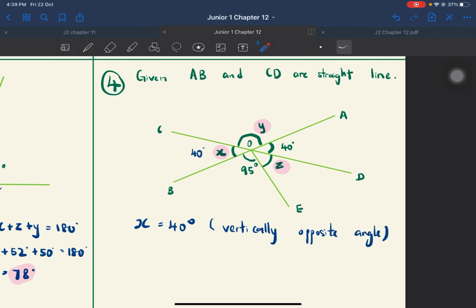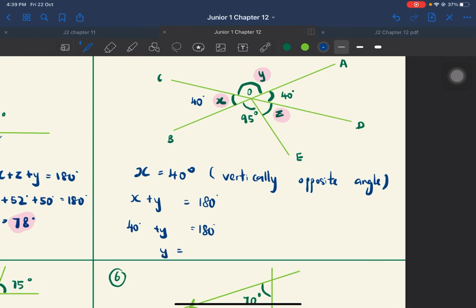And then now you can look at this angle y. This is a straight line. So the straight angle, which is equivalent to 180, x plus y will be equivalent to 180. So your x is 40, and you may identify your y, which is equivalent to 140 degrees.